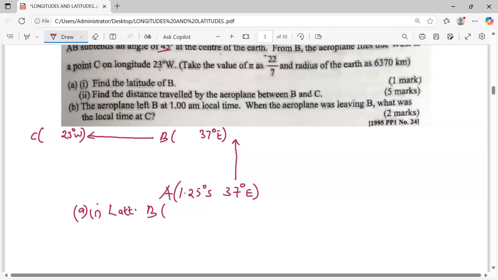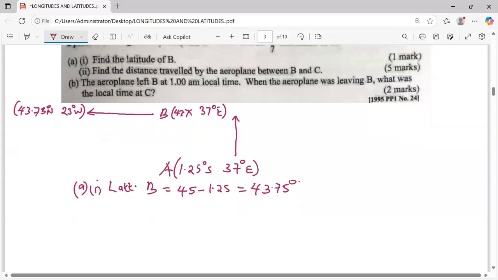That means to get the latitude of B, we are going to have the angle at the center, which is 45, minus 1.25, translating to 43.75 degrees. That is what we are going to have here, 43.75. And also at point C, we are going to have the same angle, 43.75 degrees north.